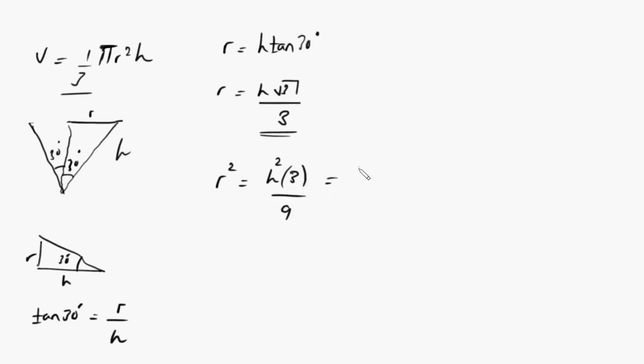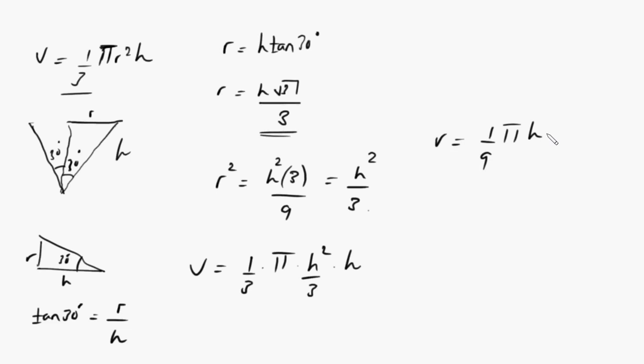So this one is just h squared over 3. This is r squared. So my volume now is going to be 1/3 times pi, r squared now is h squared over 3, times h. So my volume now is just going to be equal to 1/9 pi h cube. So this one is my volume now, okay?